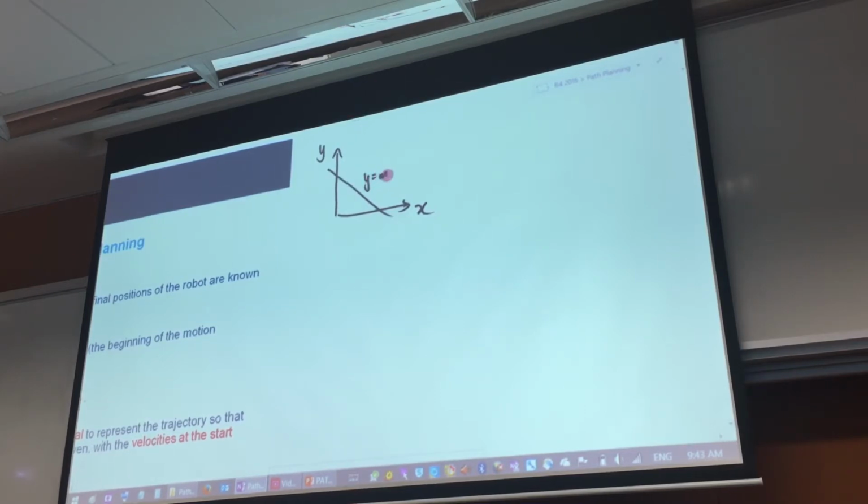Y is equal to mx plus c. If you look at this line, could you see how many unknown constants are there in that straight line?